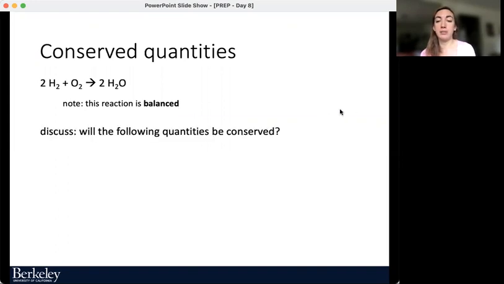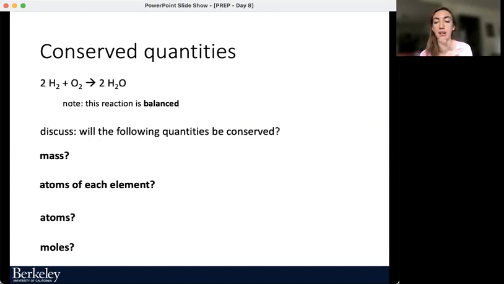So I want you to go into groups and discuss whether mass, atoms of each element, total number of atoms, and total number of moles will be conserved. What that means is, as I'm running this reaction, if I start with 100 grams of stuff, will I always have 100 grams of stuff as the reaction proceeds?